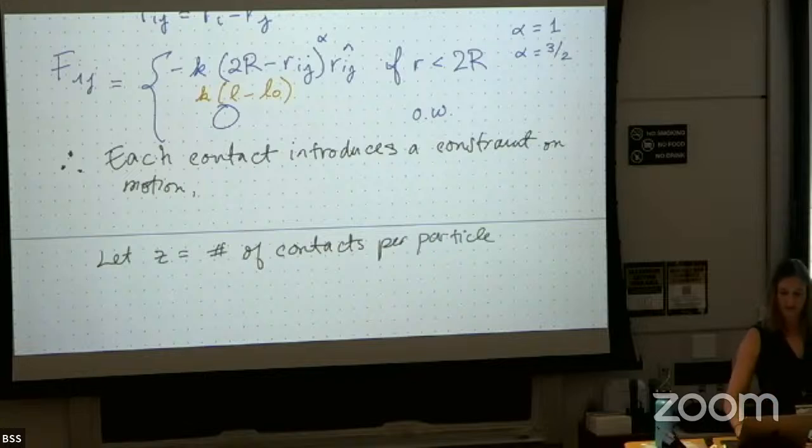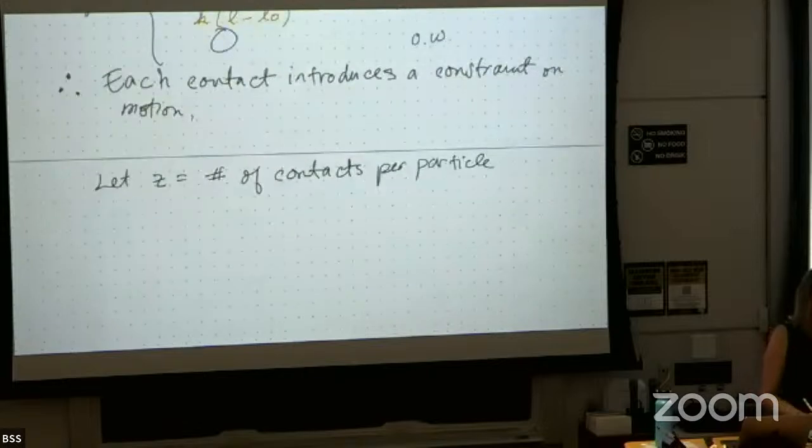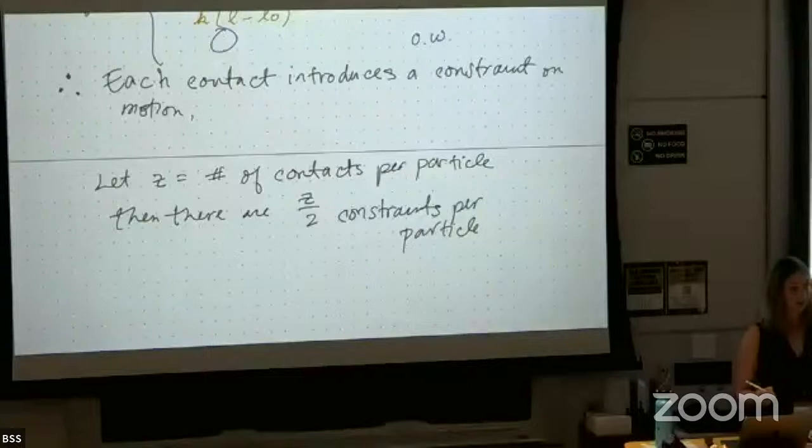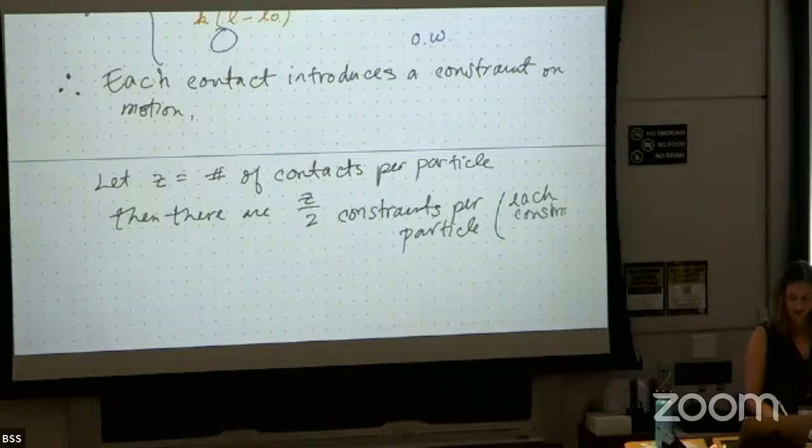Then there are z over 2 constraints per particle. Why do I divide by 2? Yeah, it's shared between two particles, right? So I'll just write that each constraint is shared.